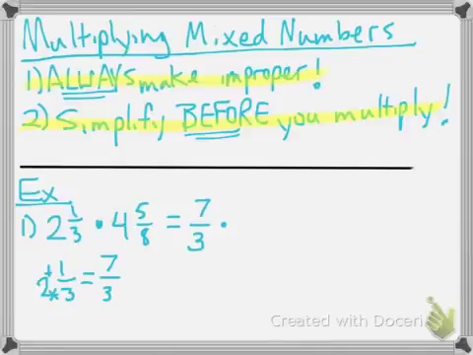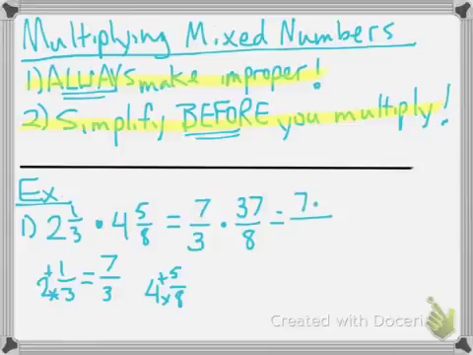And then we're going to take 4 5/8 and do the same thing. 4 times 8 is 32, plus 5, 37. 37/8.